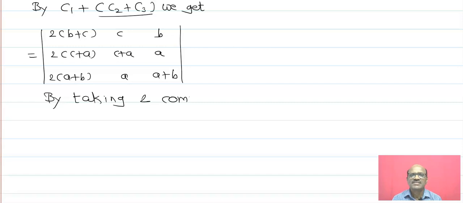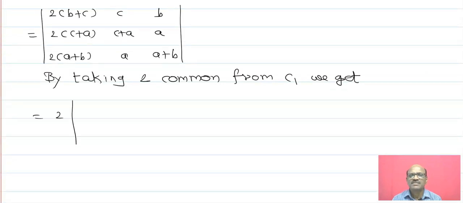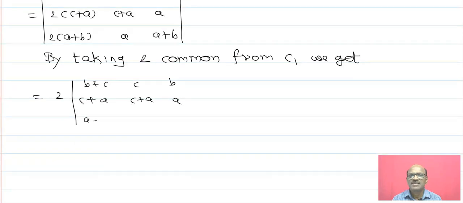Now next, take 2 common from C1, that is 2 in bracket B plus C, C, B, C plus A, C plus A, A, B, A plus B.